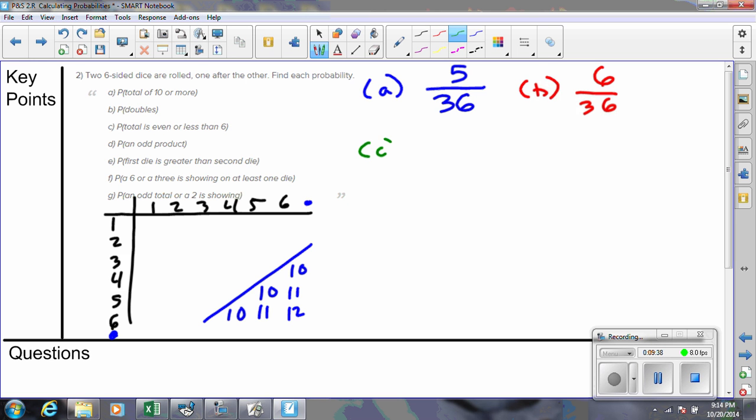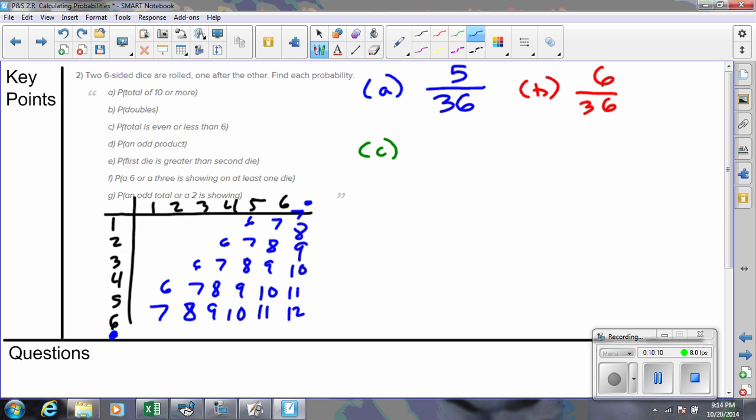Part C is asking us if the total is even or the total is less than 6. And listing out this total number of options would be beneficial. We'd have 9, 9, 9, 9, 8, 8, 8, 8, 8, 7, 7, 7, 7, 7, and I'm missing one more, another 7, and I'm missing a 6.